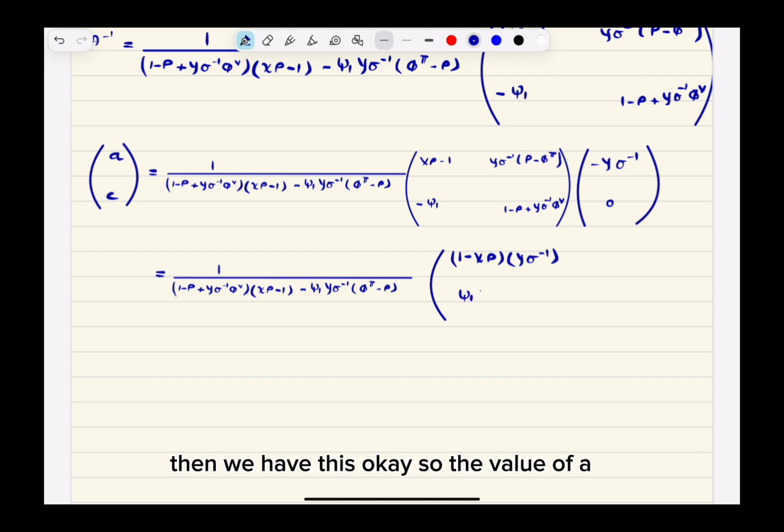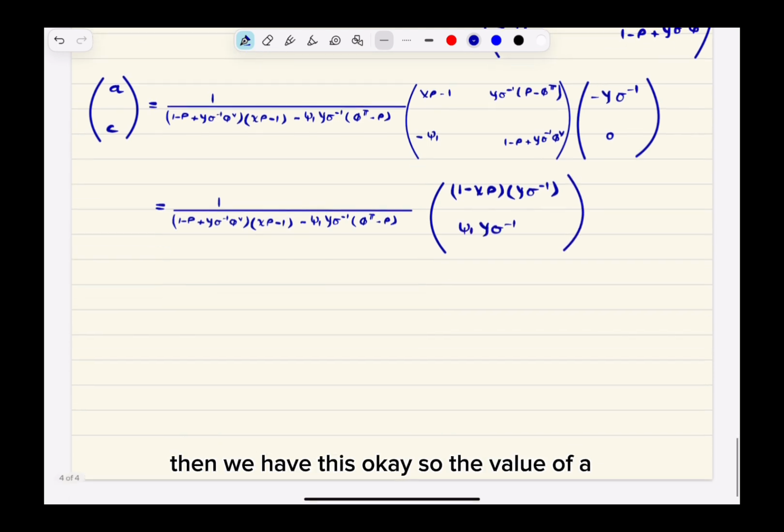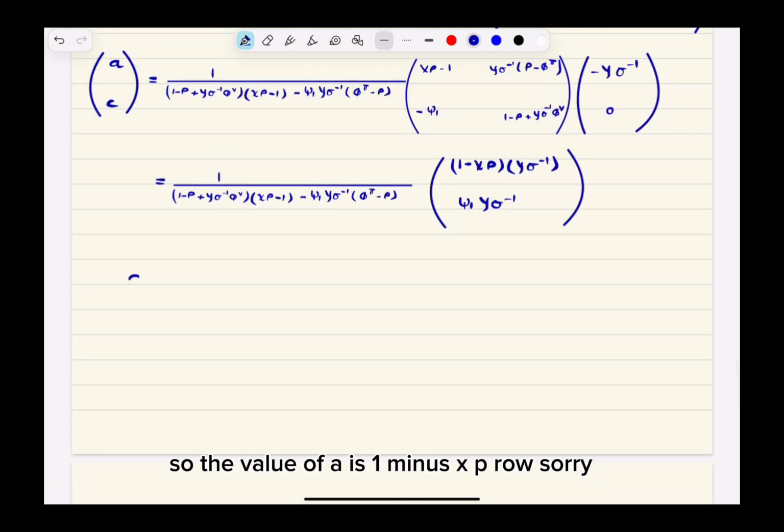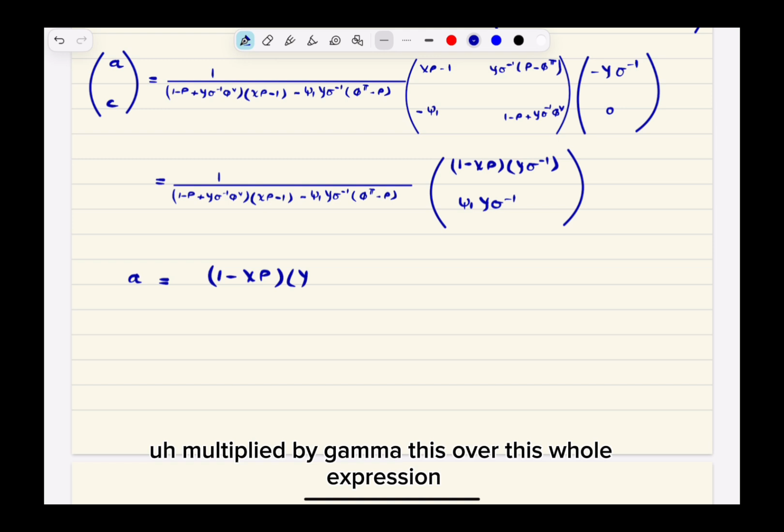Then we have this. Okay, so the value of A is 1 minus x rho, multiplied by gamma, this, over this whole expression.